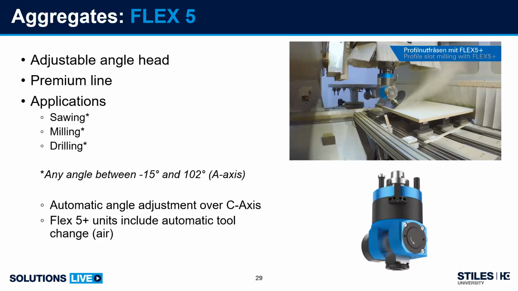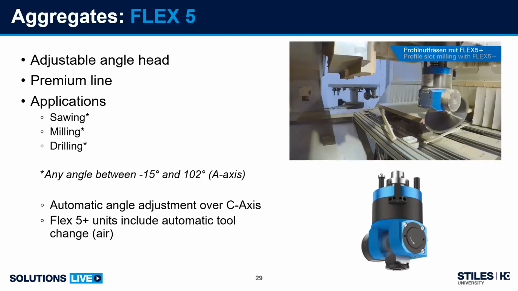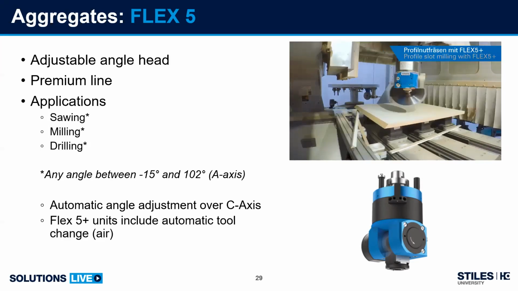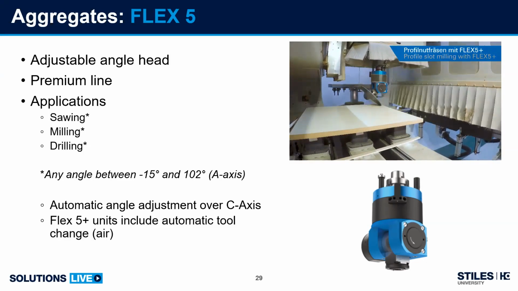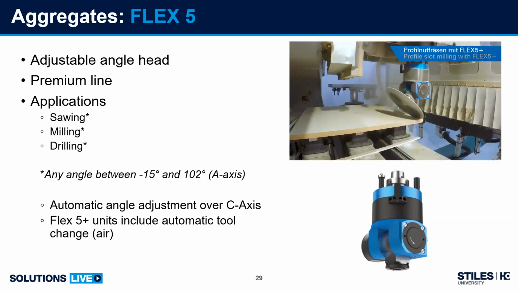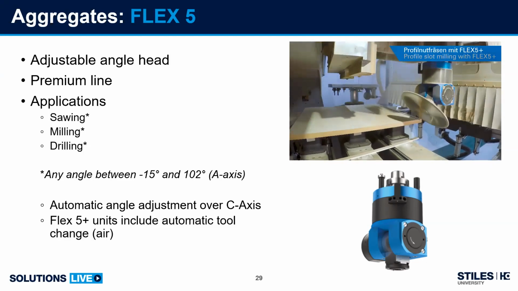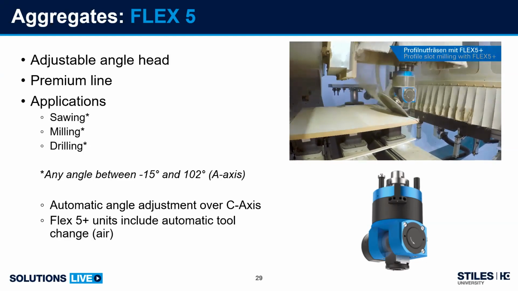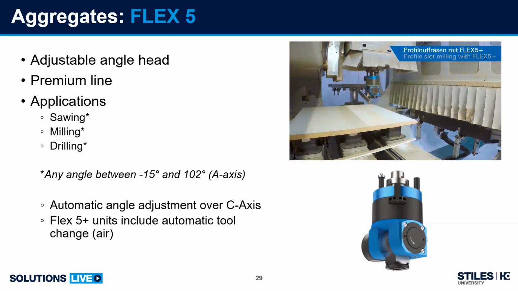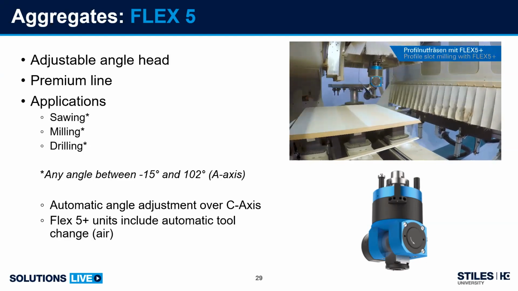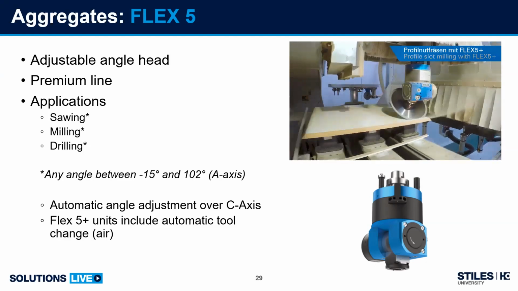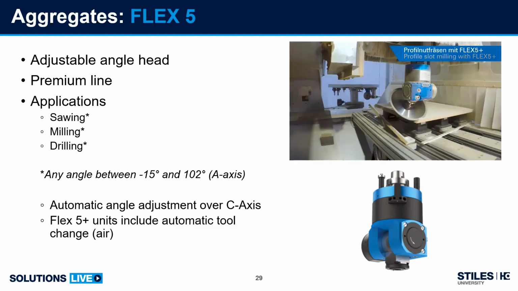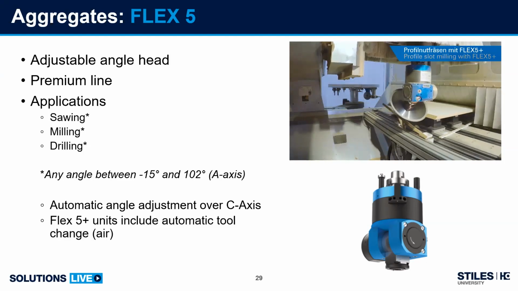Main difference here is that I'm going to be able to adjust my angle automatically on the fly. How we do that is through an airlock system. At the beginning of the video, you would see that it would come down, it would release that airlock, and then through an equation, our rotation on that C-axis is going to amount to a certain degree. So the machine is going to adjust our C-axis and thus adjusting our angle simultaneously.